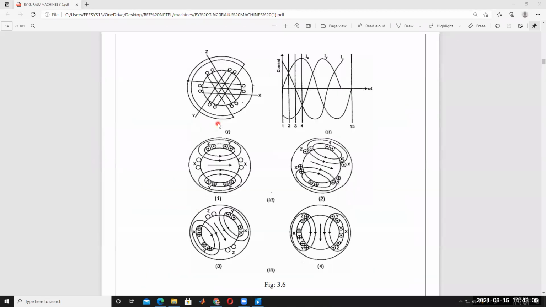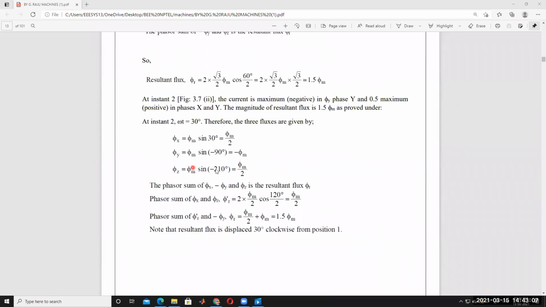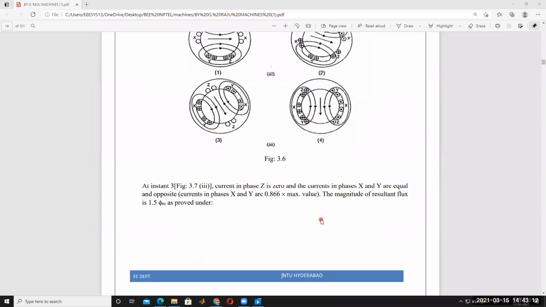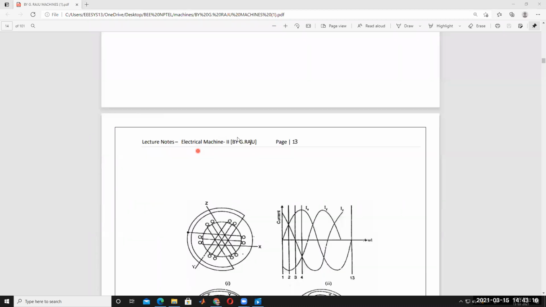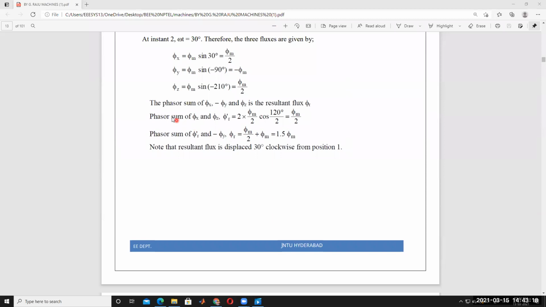And similarly, phi z is equal to phi m by 2. So the resultant of phi x and phi z, the phasor sum, is called phi r dash.